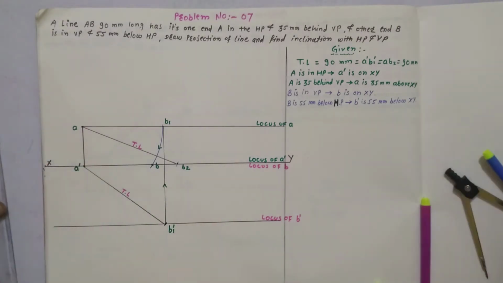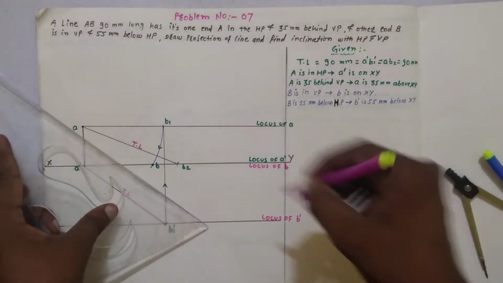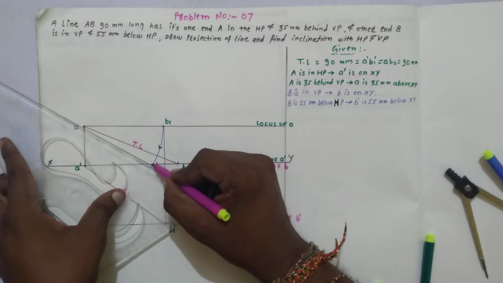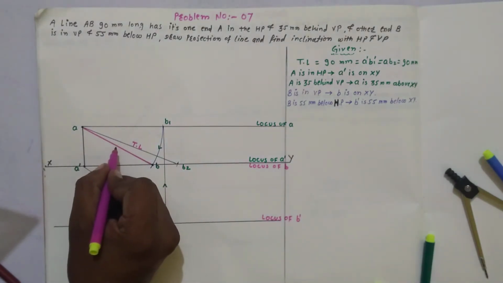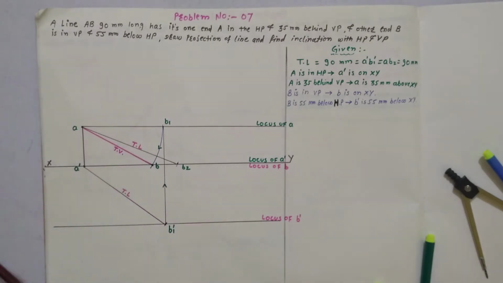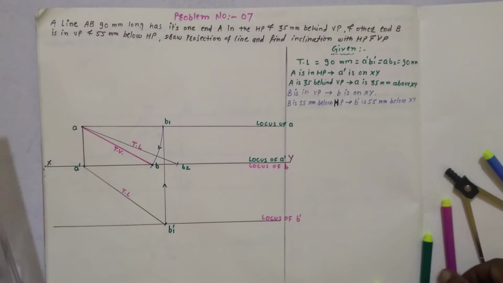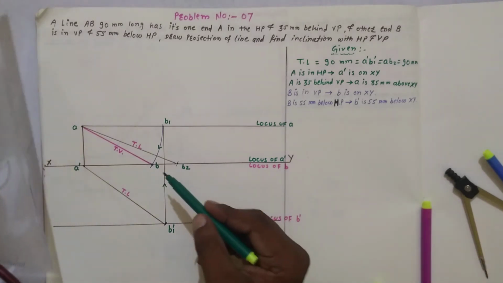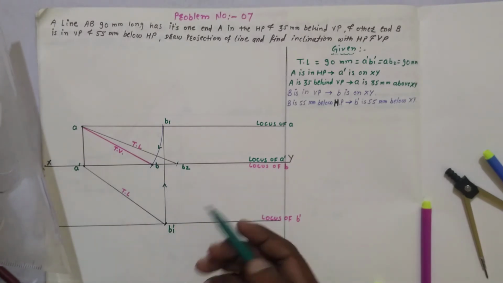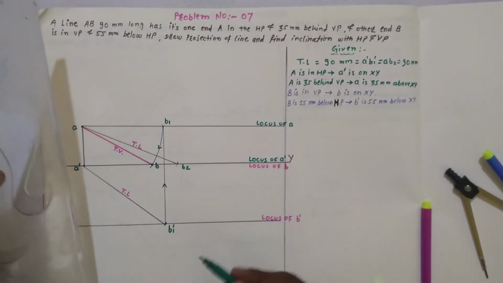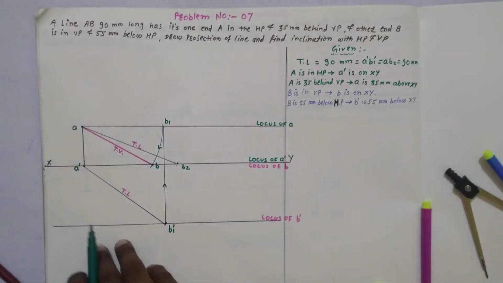When you join point A with B, it will form your top view. We know that the front view and top view of point B should lie on a straight line.